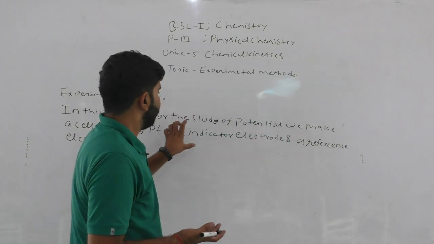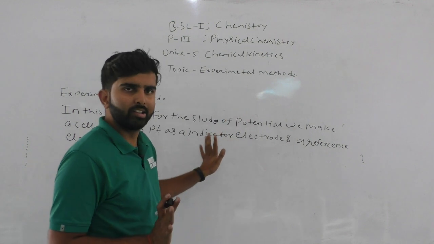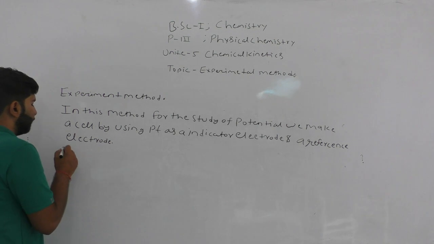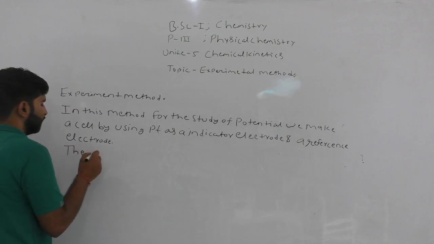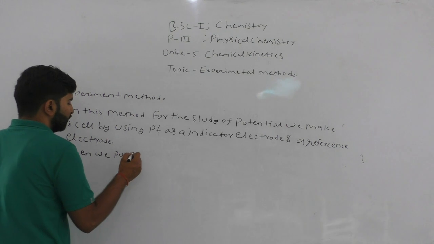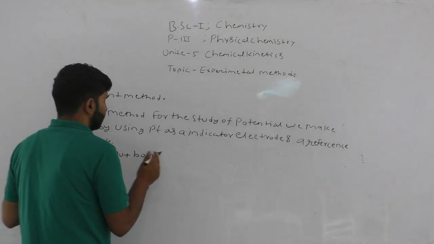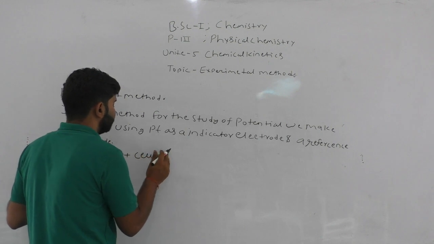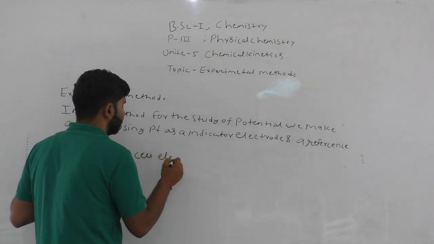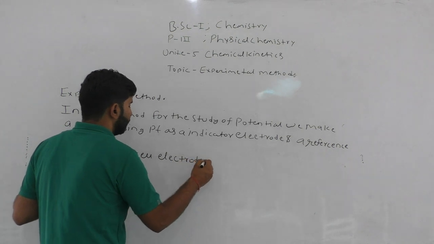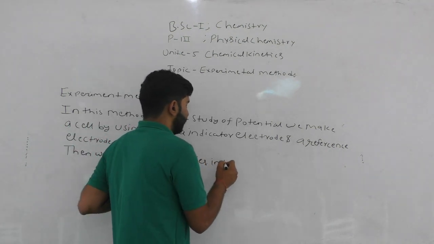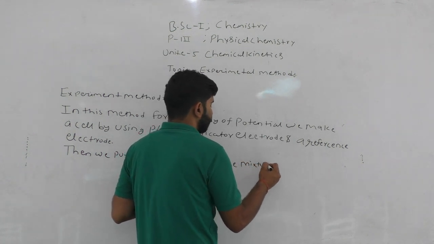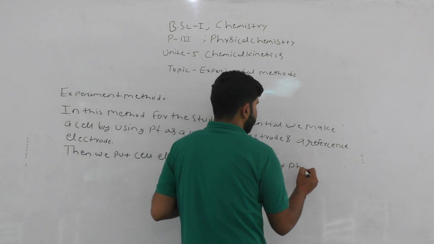So, in this method, first we make a cell to determine the potential change. Then we put the cell electrodes in the mixture of phenol and bromine.